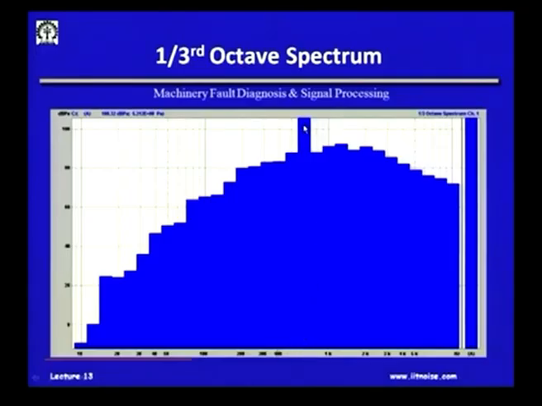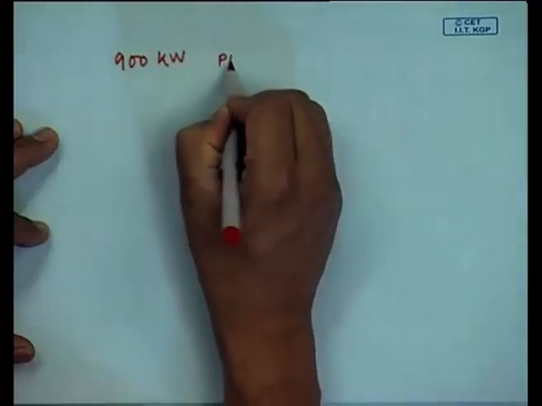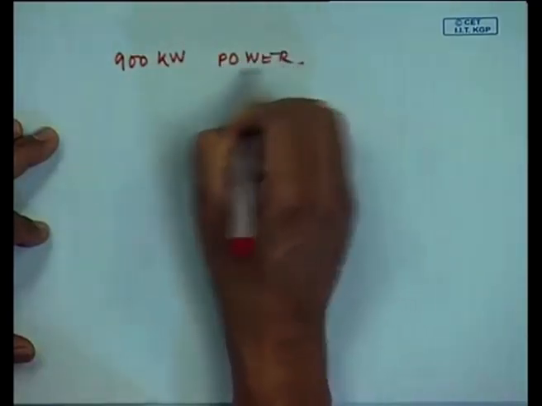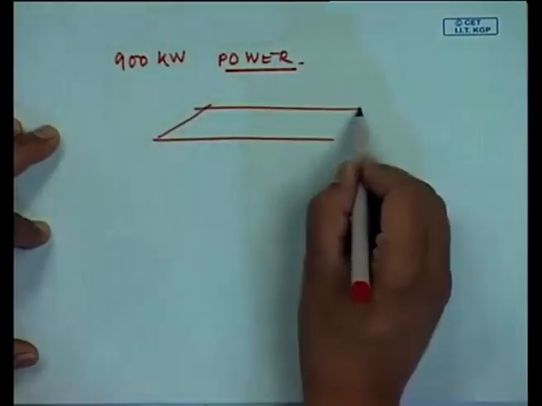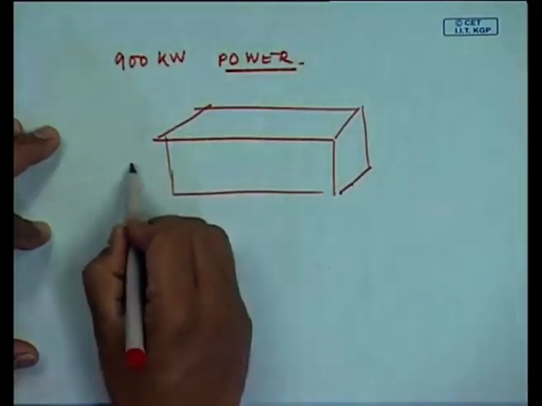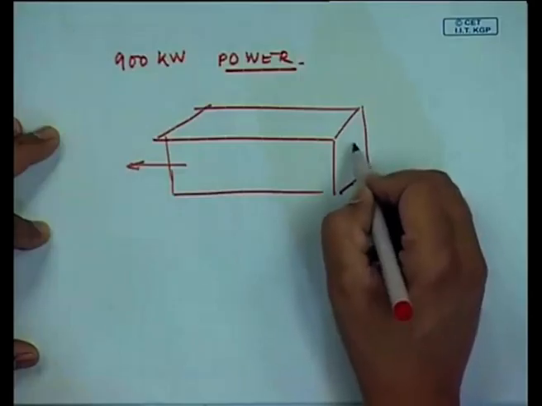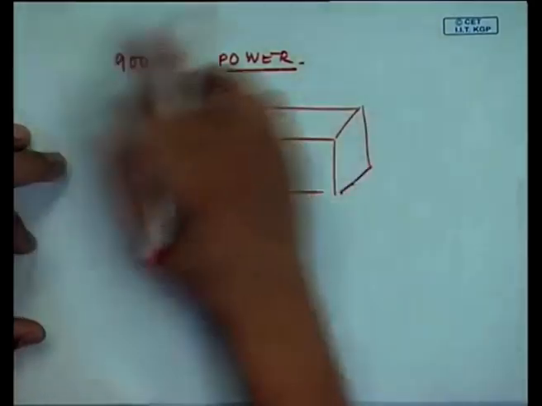Around this is nothing but the electrical motors' blade pass frequency, because behind the electrical motor, such large motors, traditionally each of these motors was close to about 900 kilowatts of power. And these large motors run continuously with the rotating shaft, and they are all blowing hot air.